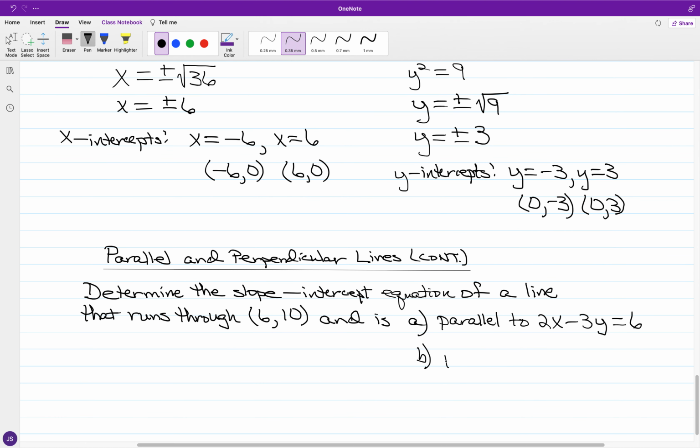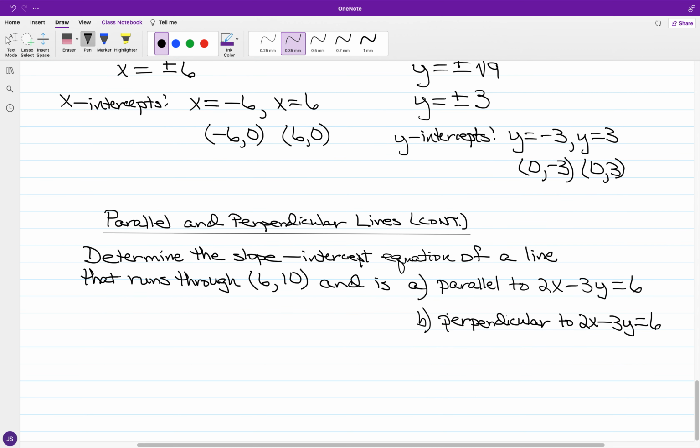Second, we have the other line going through the same point, but this time it's going to run perpendicular to 2x minus 3y is equal to 6. So for the given line, you have 2x minus 3y is equal to 6.